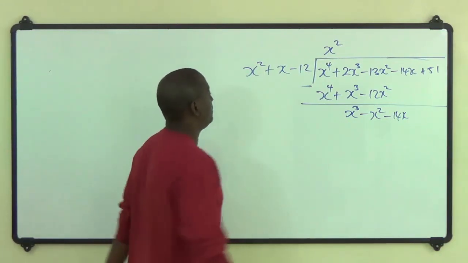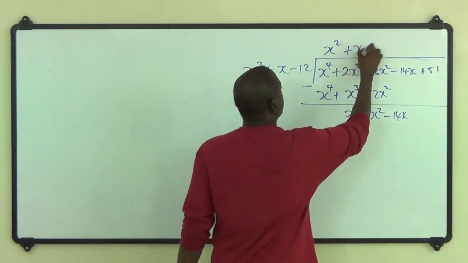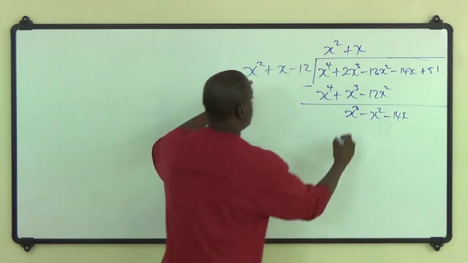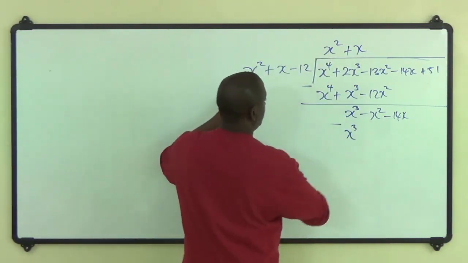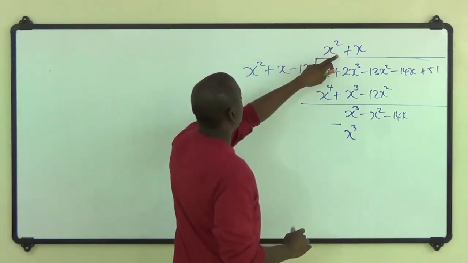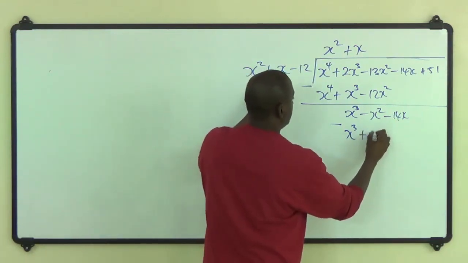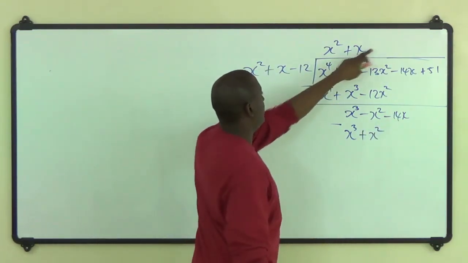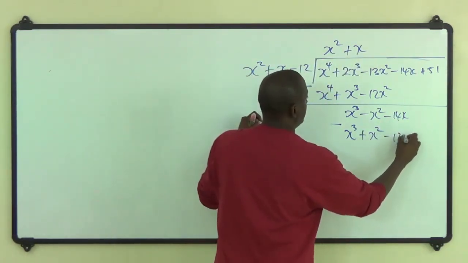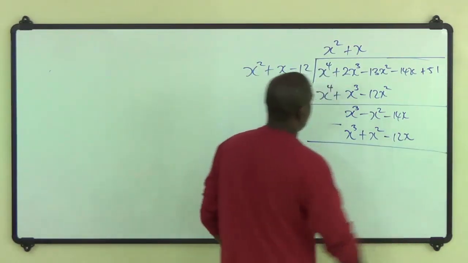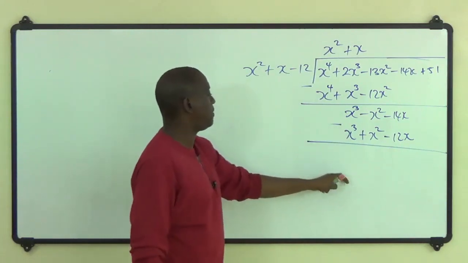x squared into x cubed is x. Alright? x by x squared is x cubed, so we minus in. x by x is x squared, and x by minus 12 is minus 12x. So we subtract in here now. x cubed minus x cubed is 0.